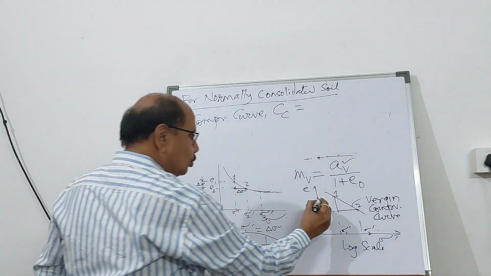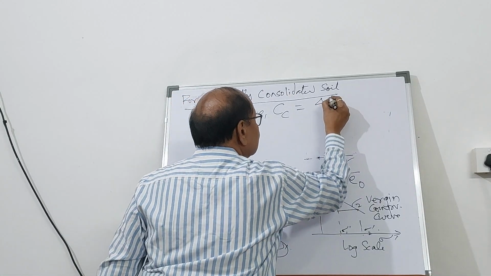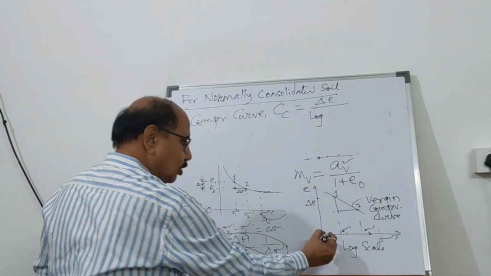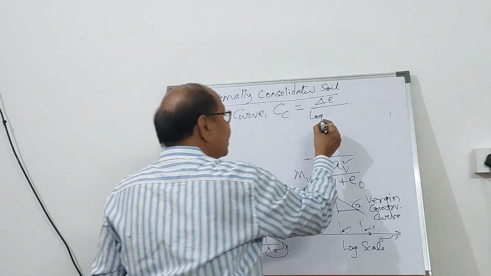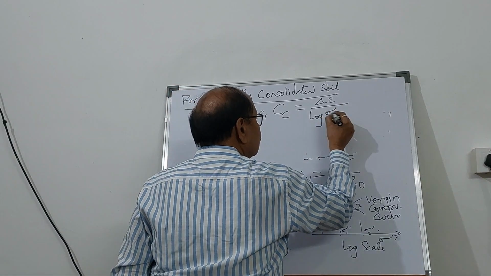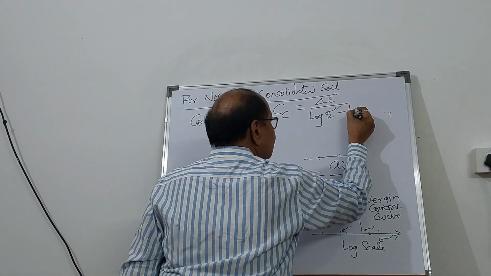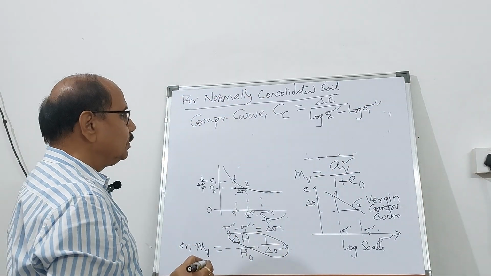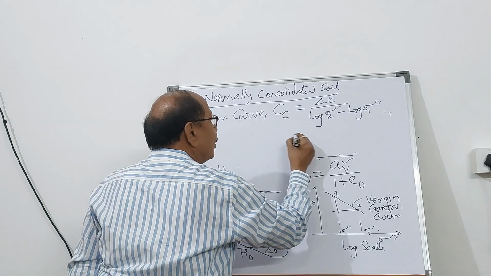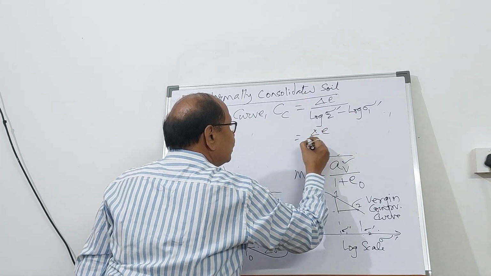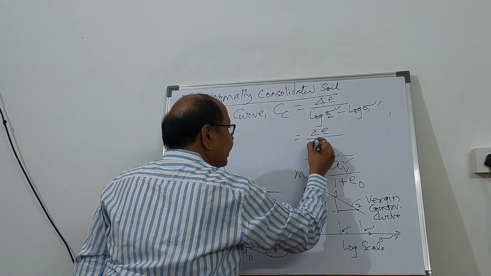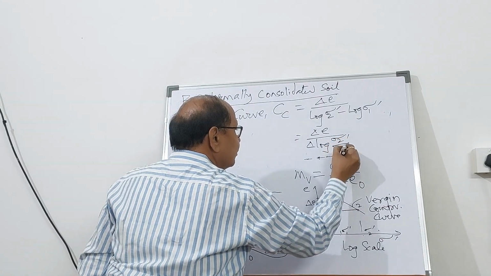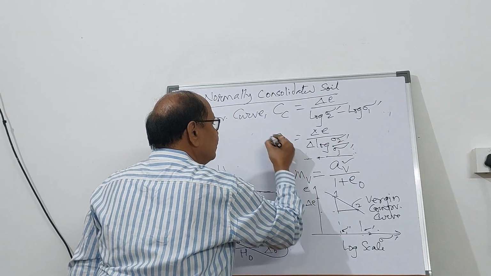So Cc is equal to delta e divided by log of sigma 2 prime minus log of sigma 1 prime, because it's on a log scale. So we can also write this as delta e divided by delta log, sigma 2 prime divided by sigma 1 prime. So this is very important.